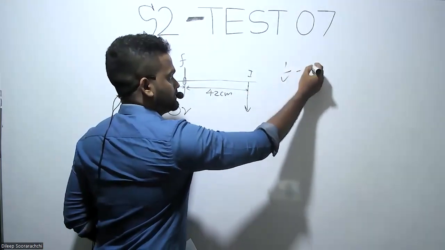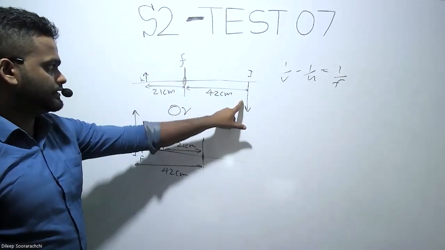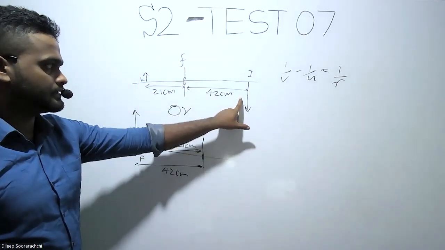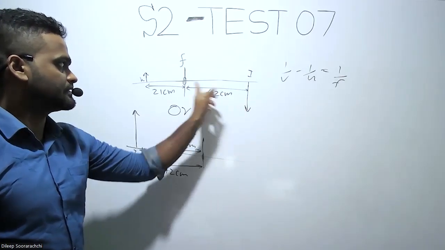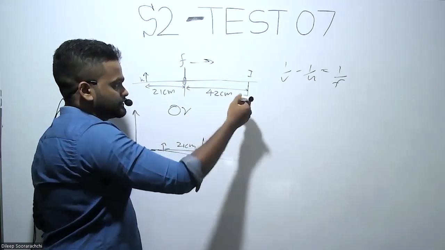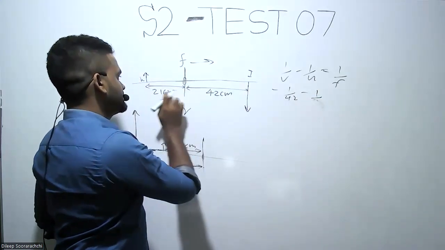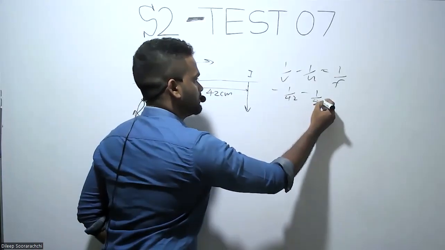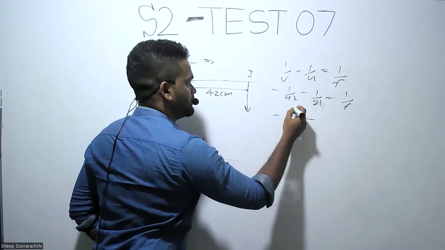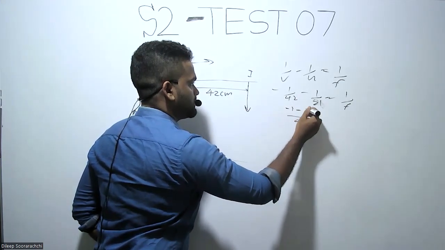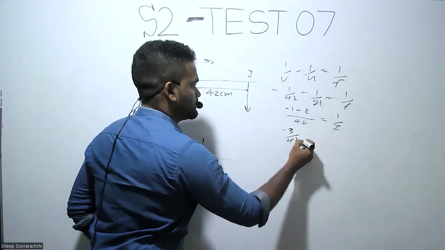To find the focal length, you have to apply the lens equation. So this is minus 42, right? This is minus because it's in the direction of the light. Minus u is a positive value, 21, equals 1 over f. So you get 1 over 42 minus 1 over 21, so minus 1 over 42, equals 1 over f.